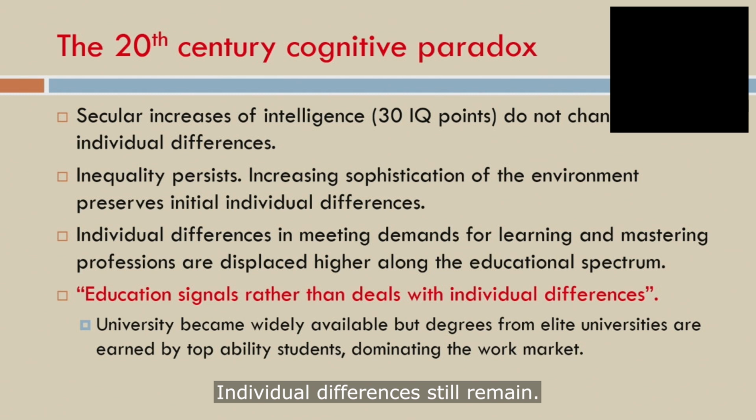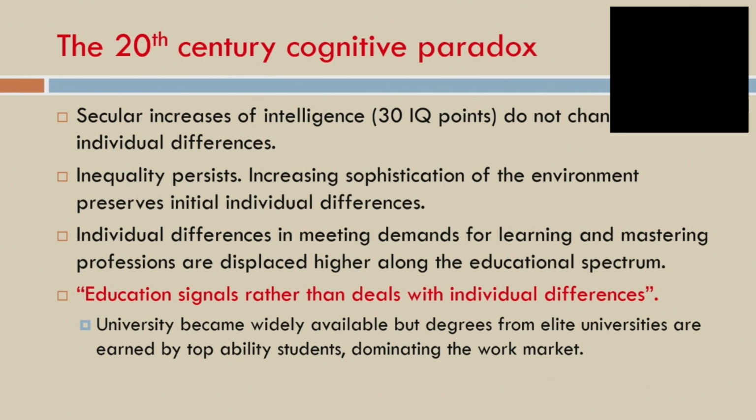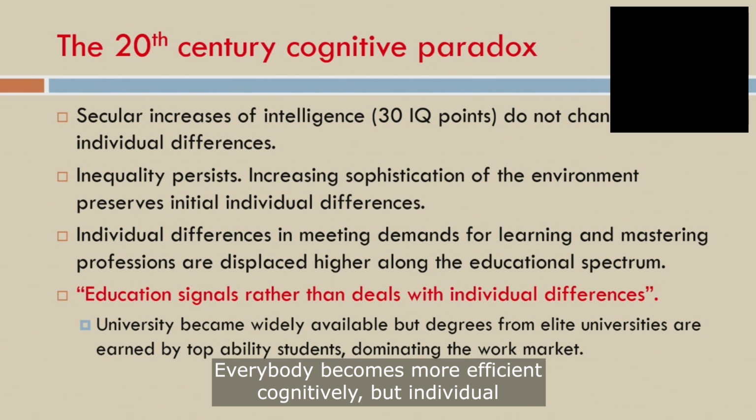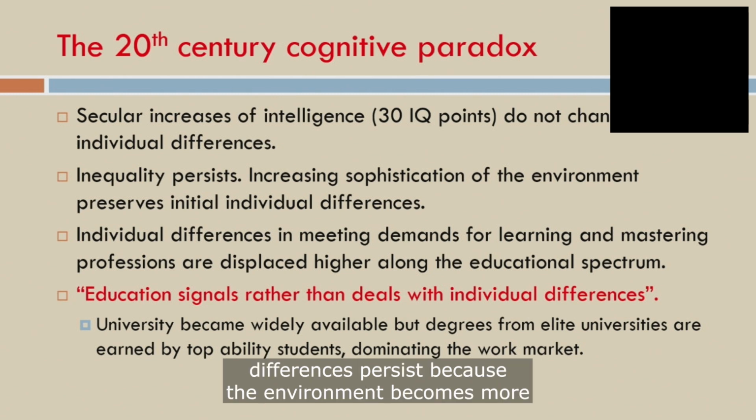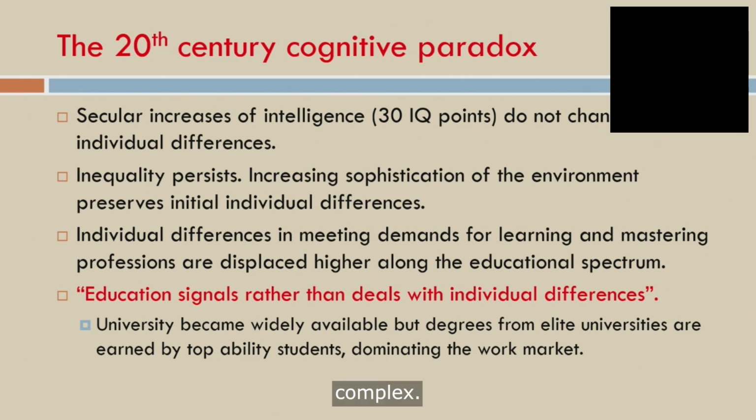Individual differences still remain. Everybody becomes more efficient cognitively, but individual differences persist because the environment becomes more complex.